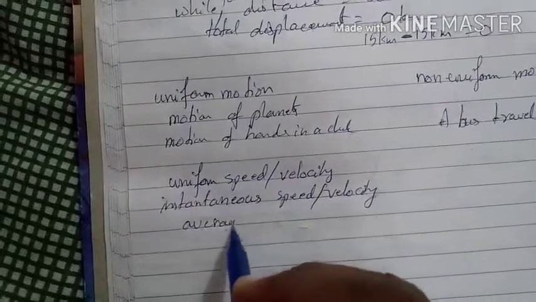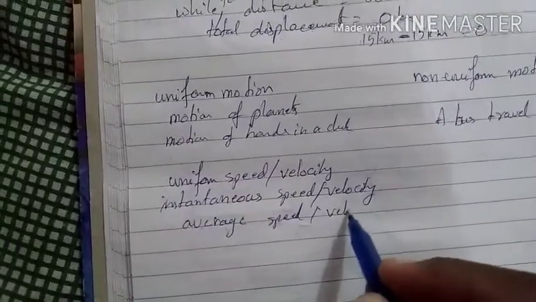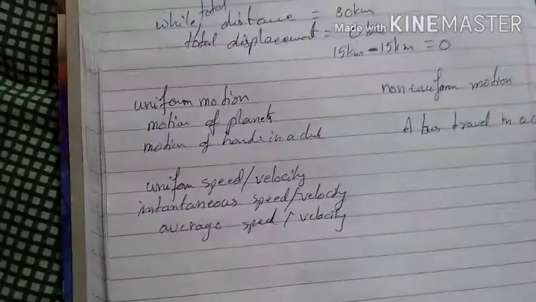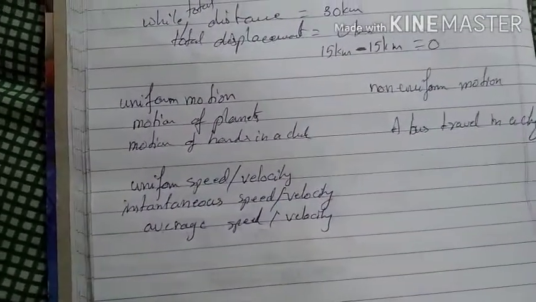Average speed or average velocity. So uniform speed or uniform velocity means what?